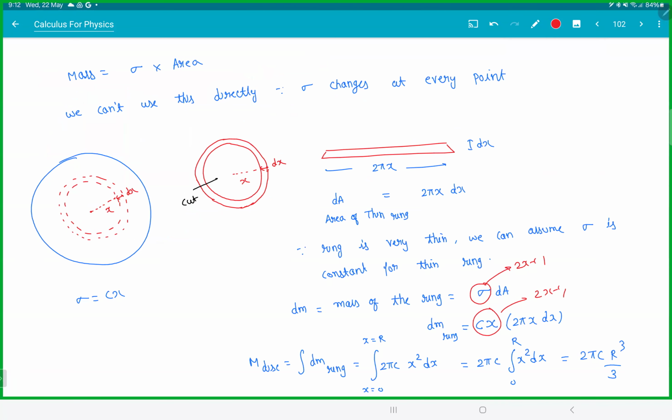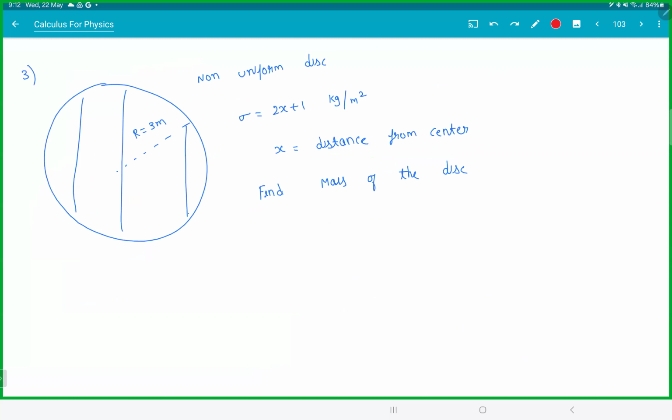Everything else is the same. You can refer to this and solve. Try.